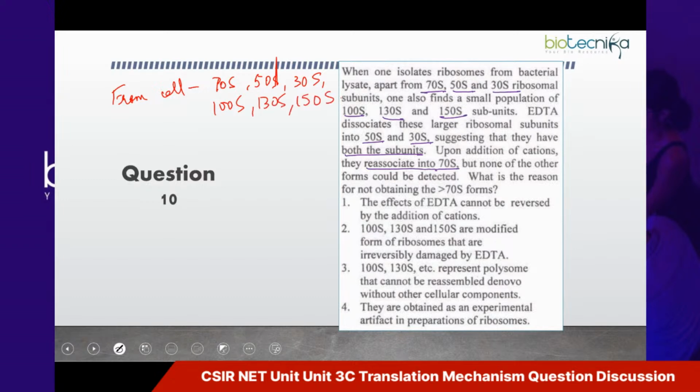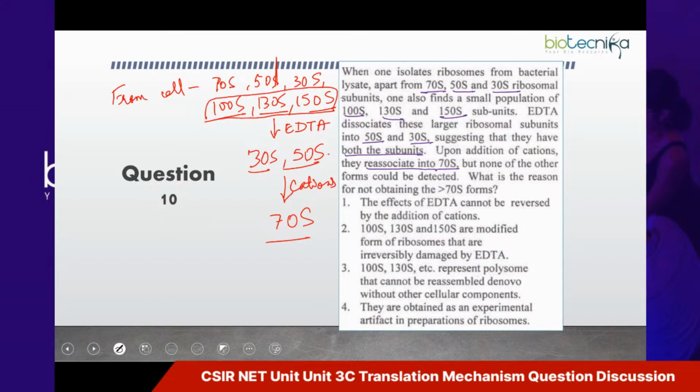Now, when we take these higher ribosomal subunits and break them down by treating with EDTA, they break down into 30S and 50S subunits. Now, when we take these subunits again and join them by adding cations, they join, but at maximum they form only 70S, not any of these higher S subunits. So the question is why. Why is it not able to form these more than 70S forms?